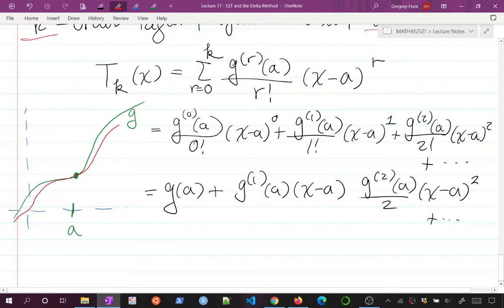Maybe that's my kth order. This is T_k. And it's going to approximate g well near a. And as I move away from a, it's not going to approximate g as well, but at least locally around a, the kth order Taylor polynomial is going to do a reasonable job approximating our function.